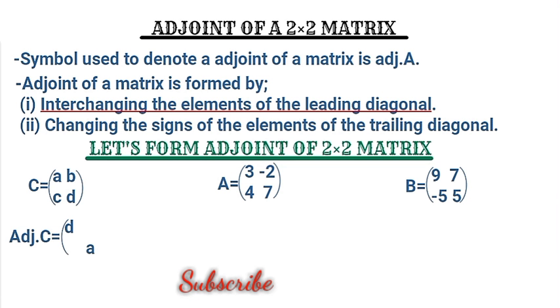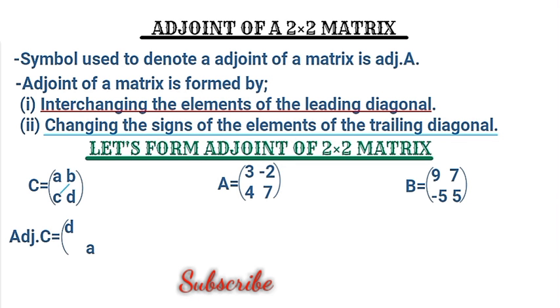Once we have done that, we go to the next instruction, which is changing the signs of the elements of the trailing diagonal. We identify the trailing diagonal. Since A and D form the leading diagonal, that means C and B form the trailing diagonal. We change the signs of the elements. When we talk about signs, we're talking about positive and negative.